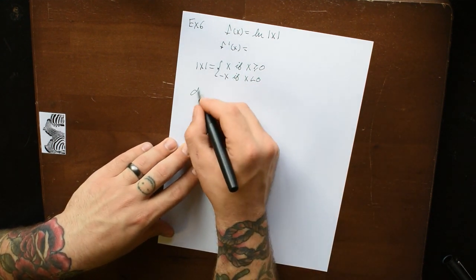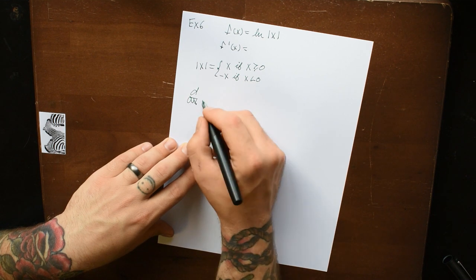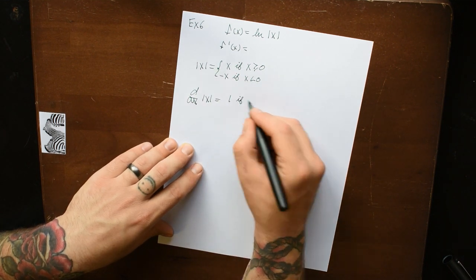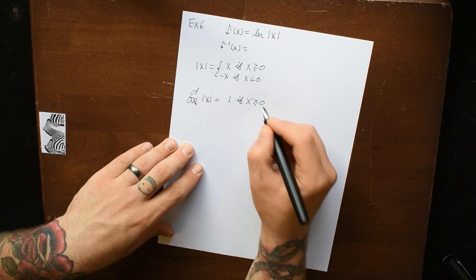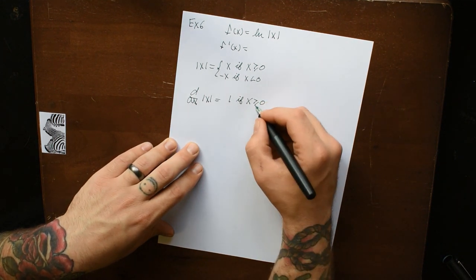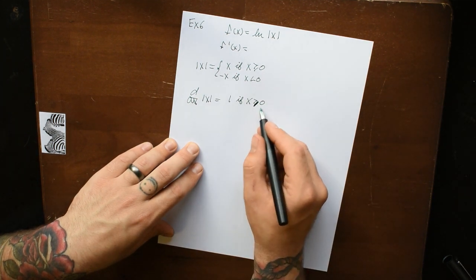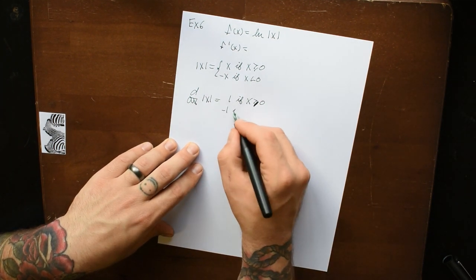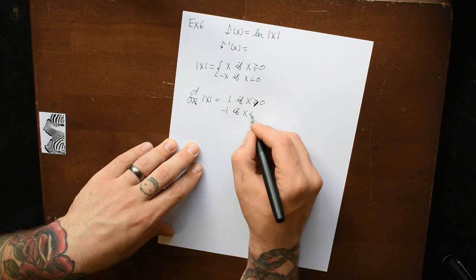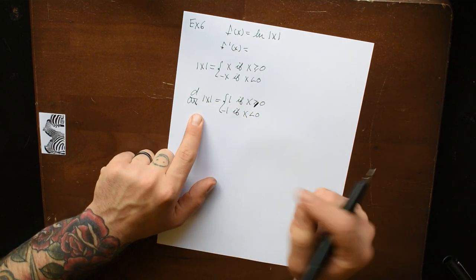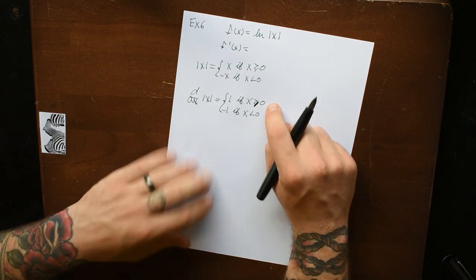That means the derivative with regards to x of the absolute value of x is 1 if x is bigger than 0, negative 1 if x is less than 0, because the absolute value of x is not differentiable at 0.